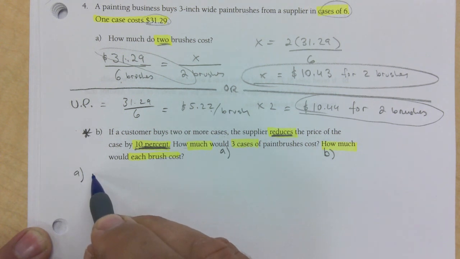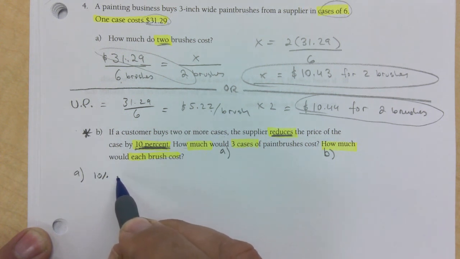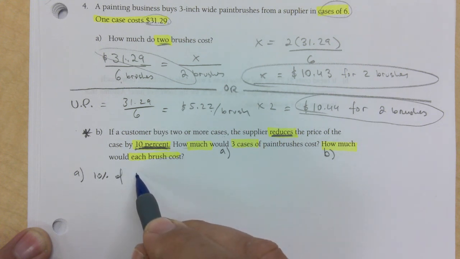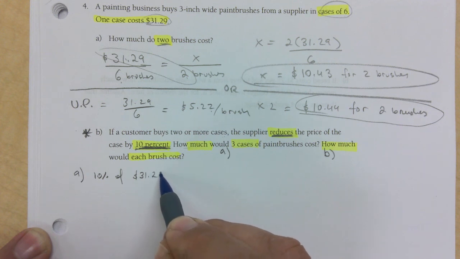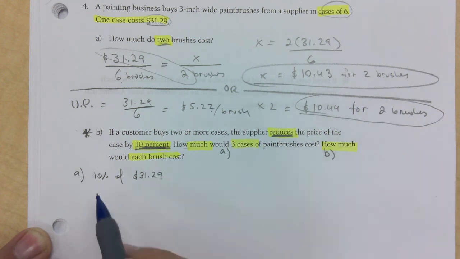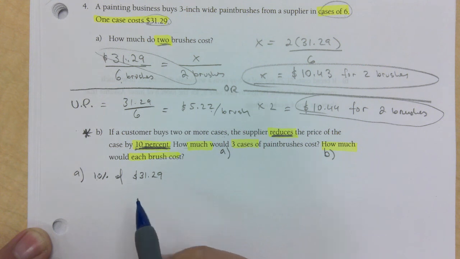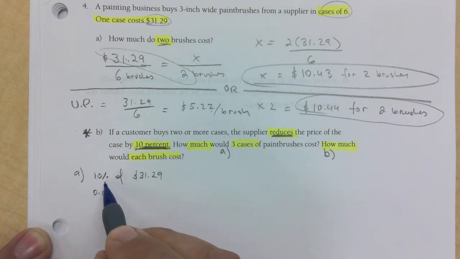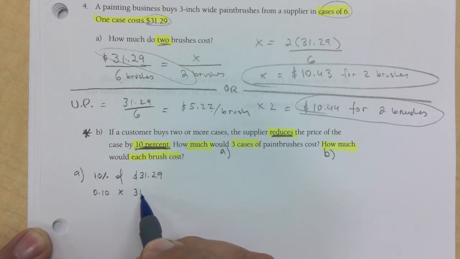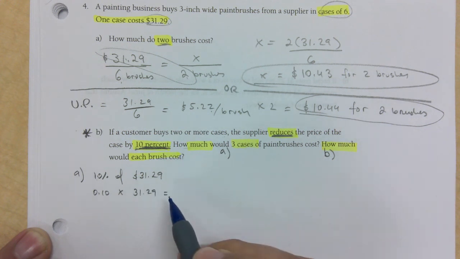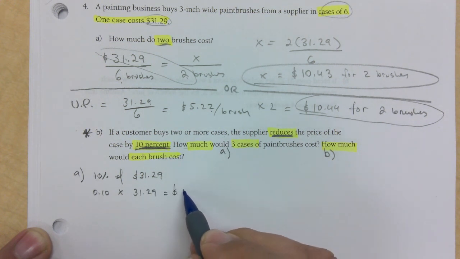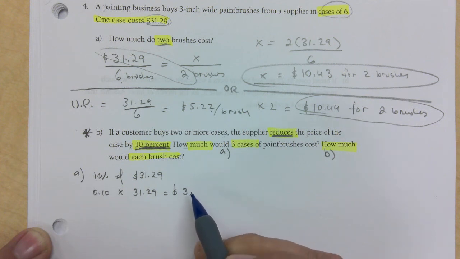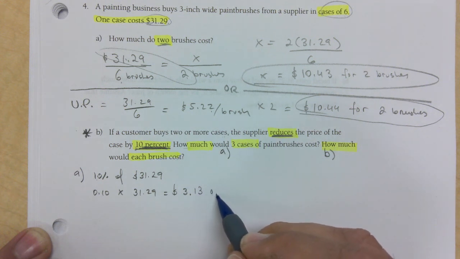First of all, I'm going to find 10% of our price. It was $31.29. Because we're buying 3 cases, we get the discount. So 10% of $31.29 would be 0.10, and of is multiplication, times 31.29. That gives you 3.129. 10% of that, if you rounded it, is 3.13 off.